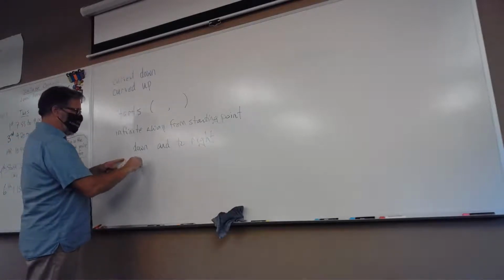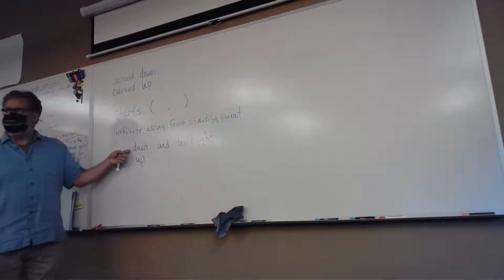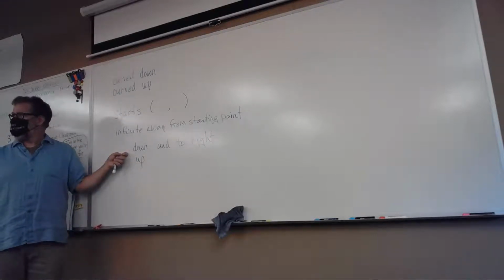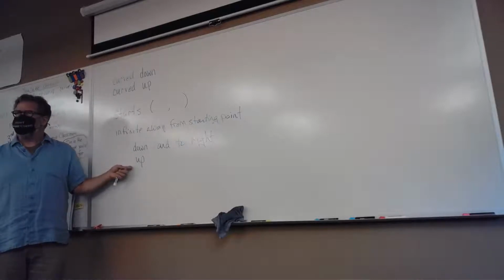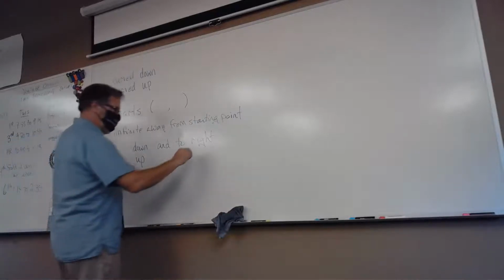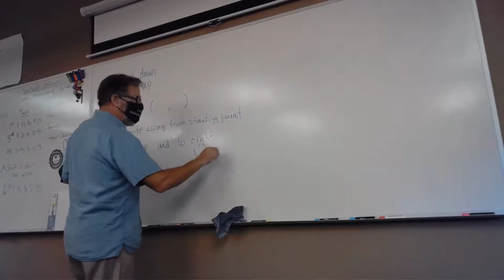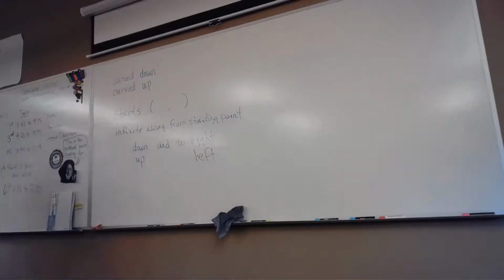So it could be up and to the right. Anybody infinite down to the left? Show of hands. Okay, anybody infinite up to the left? Yeah. There are 4 possibilities. It's either going that way forever, or that way forever, or that way forever, or this way forever.